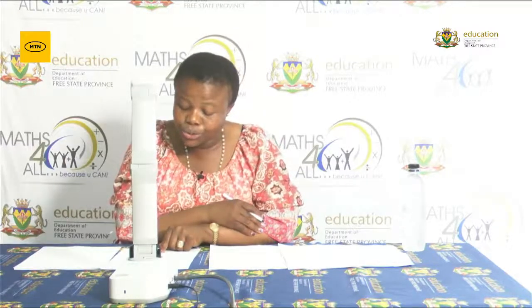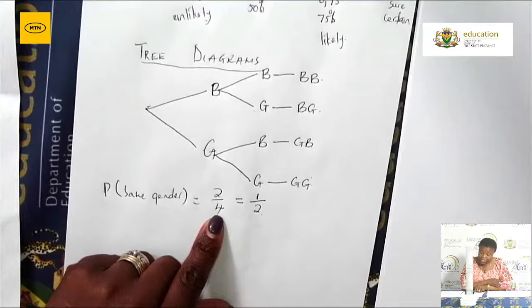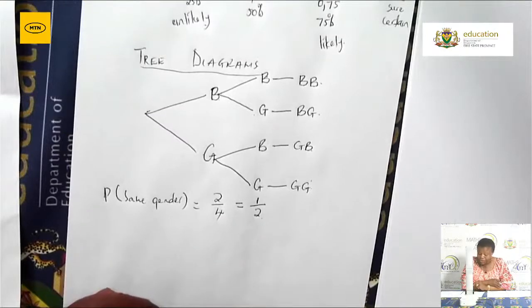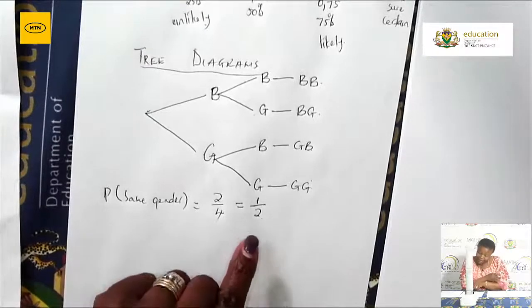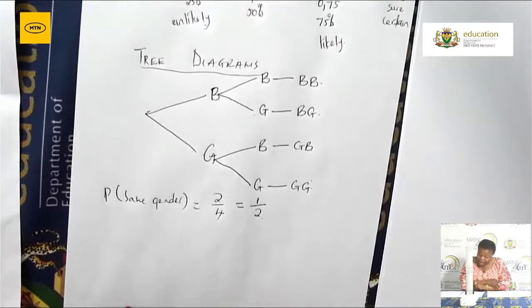In the first instance it was 2 over 4, then when we simplify, it takes us to 1 over 2, which is half. Now remember, on the question paper, if you are allocated 2 marks, 1 mark will go for your answer and the other mark will go for the simplified answer.